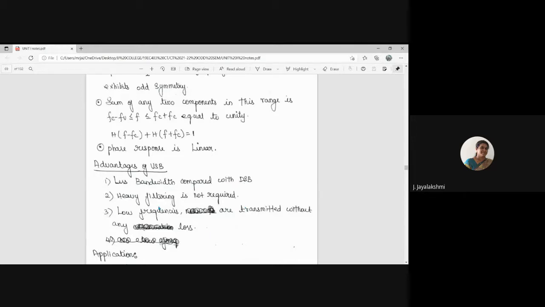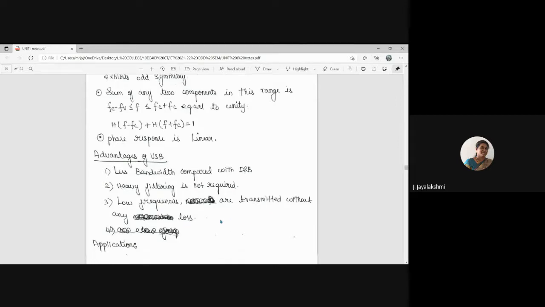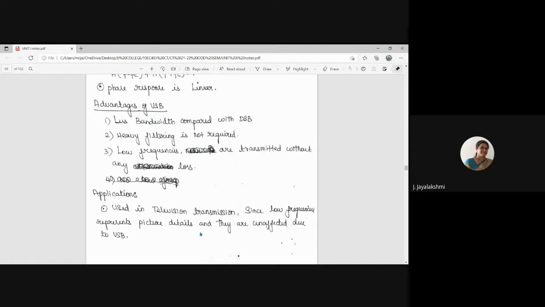Low frequencies can be transmitted without any loss. The application is used in television transmission, since low frequency represents picture details and they are unaffected by the vestigial sideband. So the main advantage is you are going to make use of it in the television transmission.